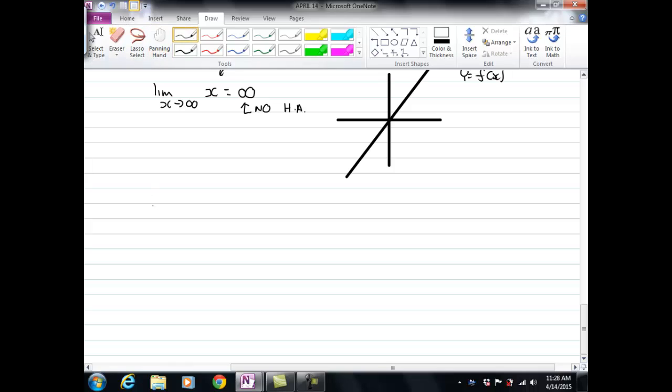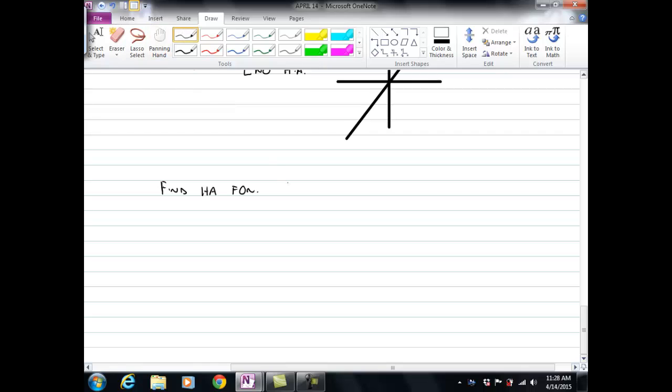What if I give you this? And this is find HA for f of x. And here are your choices. I'm going to give you, A, f of x equals, I'm going to start off with a really simple one, 1 over x.